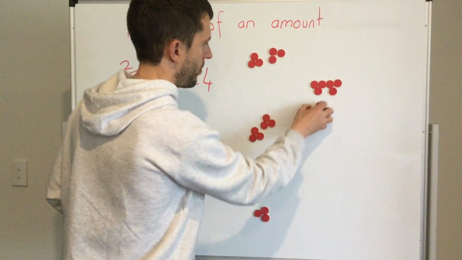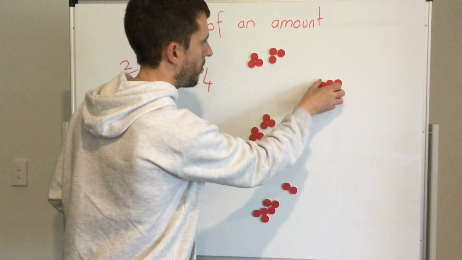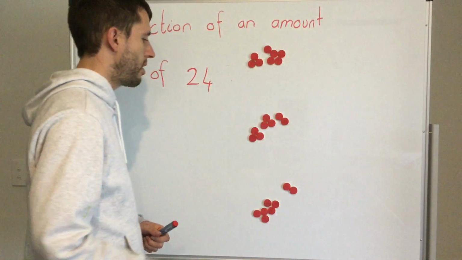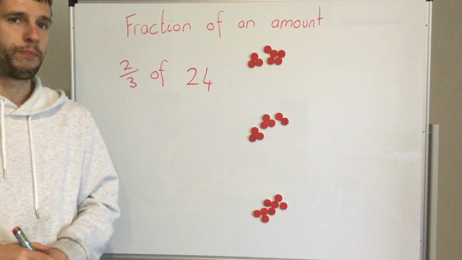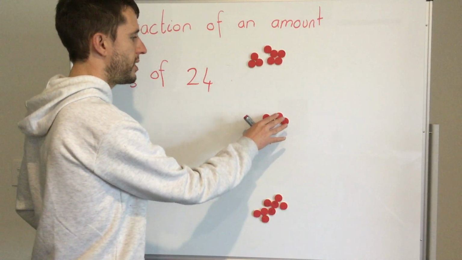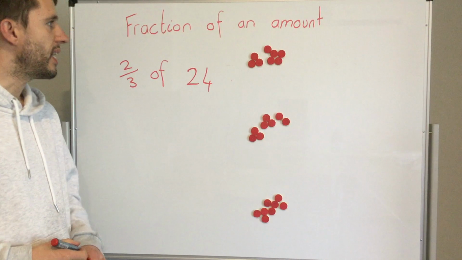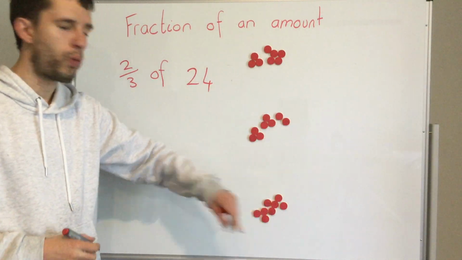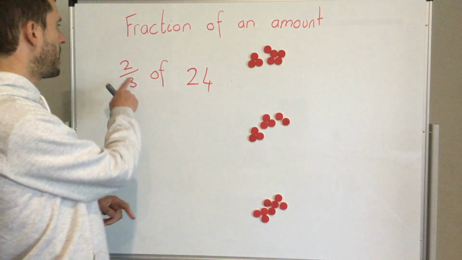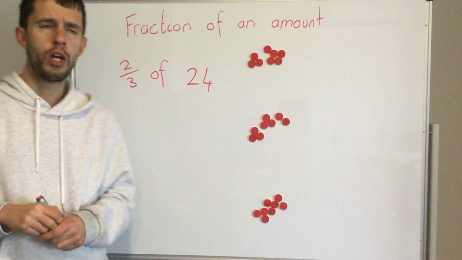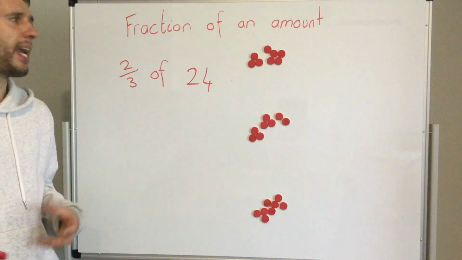Okay, so I've got equal groups now. So I've got 8 in each. 8, 16, 24.